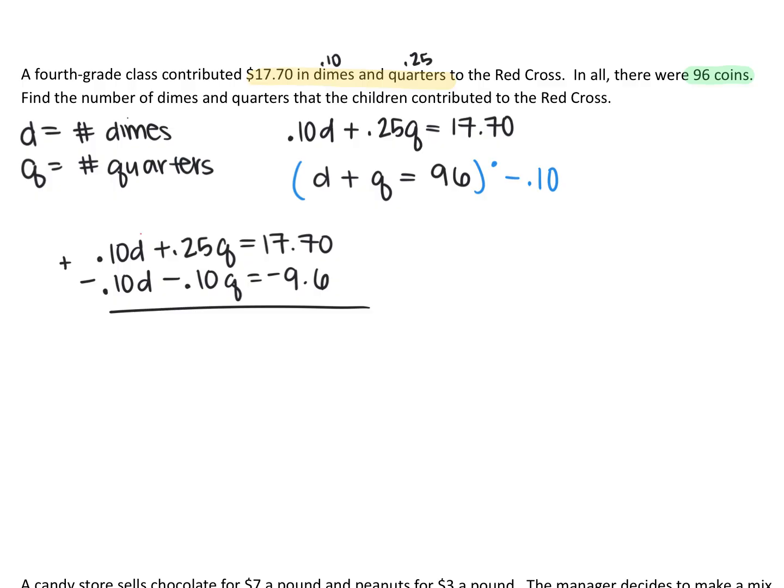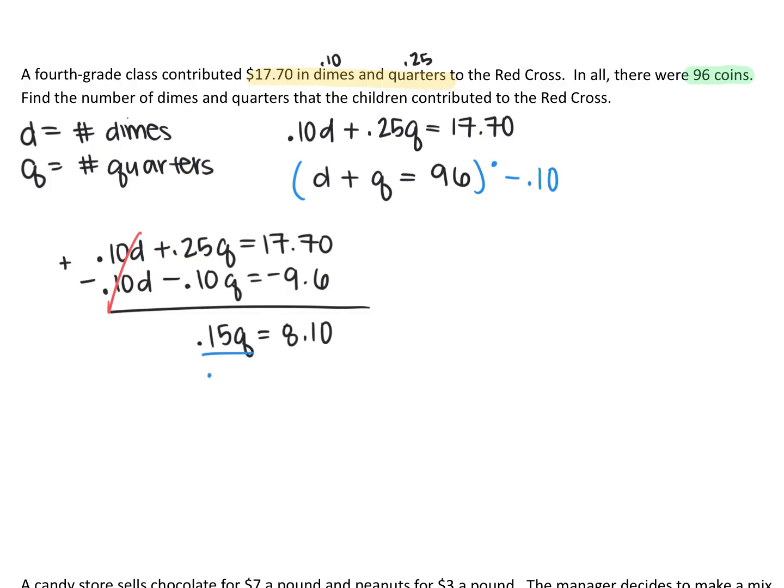We add the equations together. The D's will cancel. Then 0.25Q minus 0.10Q gives us 0.15Q equals, and then 17.7 minus 9.6 equals 8.10.